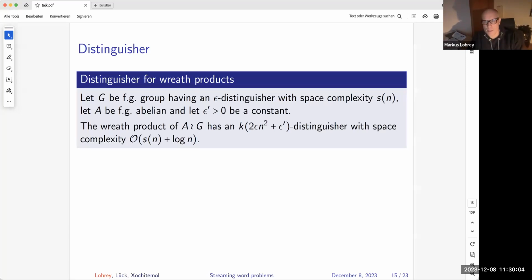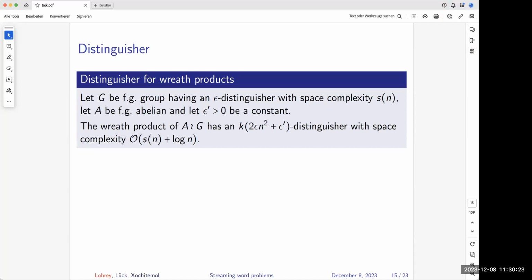That's why we need the distinguisher to do the construction, to get these transfer theorems. But as we know, the distinguisher then gives us a probabilistic streaming algorithm for the word problem of the same space complexity. That's what we showed before.